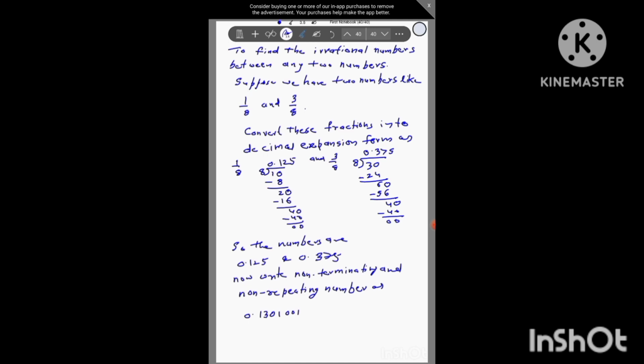So 0.130001, then 3001, 4001, anything you write, the number should not be repeating, as we have seen in rational numbers. Now the second number is 0.230, and this number lies between 0.125 and 0.375.